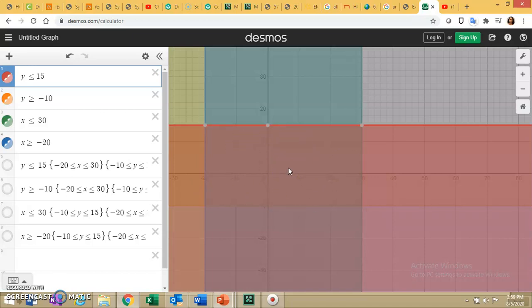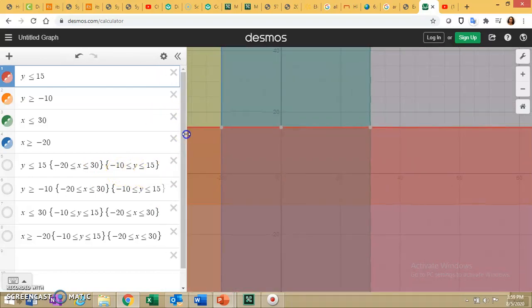On Desmos, these are the solutions, but just to show you how to use Desmos, in case you wanted to know, I also included some additional constraints to make it where everything else is not shaded in. So I know that I want my x to be between -20 and 30, and my y to be between -10 and 15, right? Let's see if I can open it up a little bit.